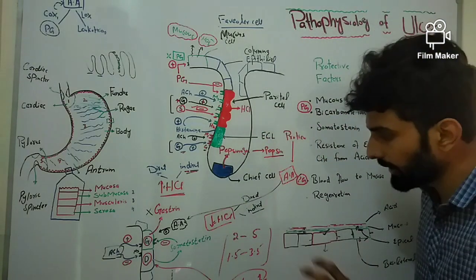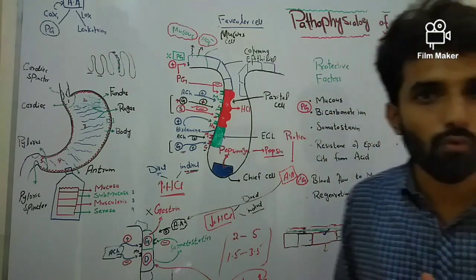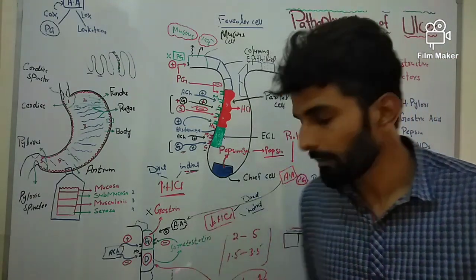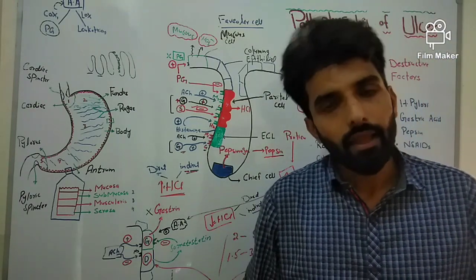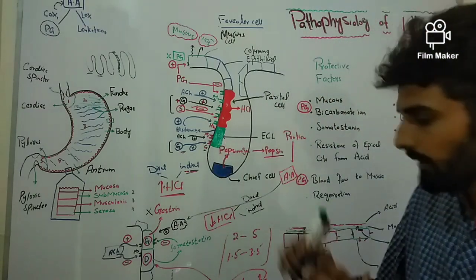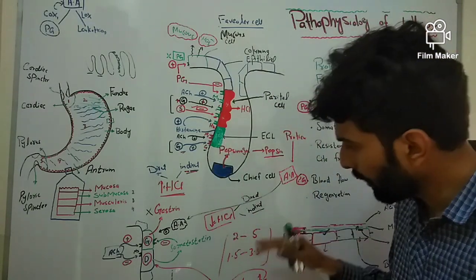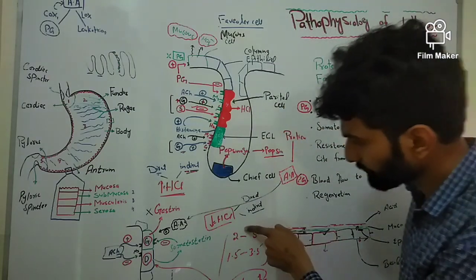To answer this question, we know that the normal pH of the stomach is 2 to 5, or in some literature it is written as 1.5 to 3.5. The point is, it is acidic in nature. It is because of this HCl that stomach pH is acidic. Lower pH indicates acidic nature.